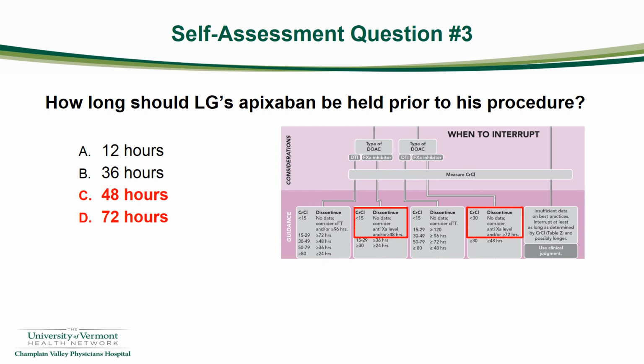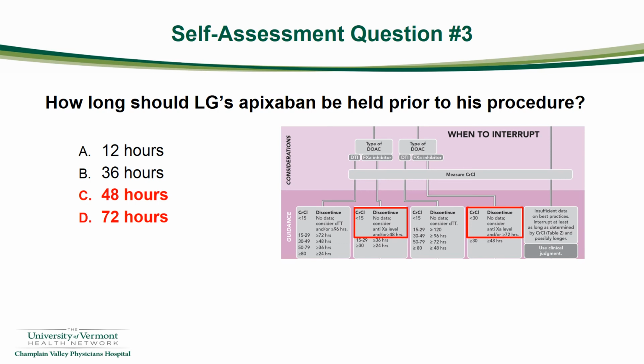However, if the procedure was deemed a low bleed risk procedure, we look at the patient's creatinine clearance, and again, it's difficult because the patient is a chronic dialysis patient, so there's not much data for that, and there's not many specific recommendations for dialysis patients in the ACC consensus guidelines.